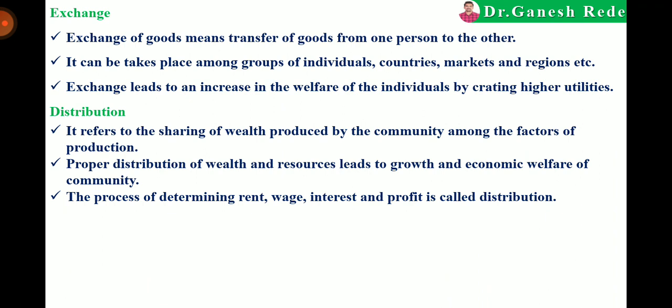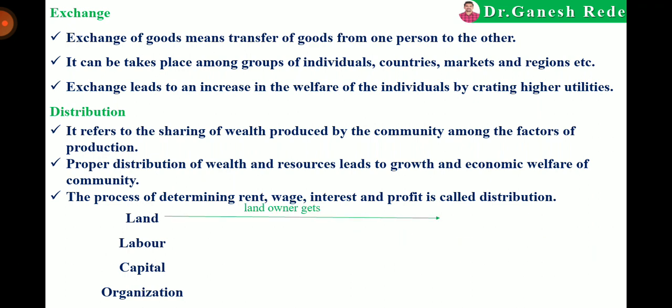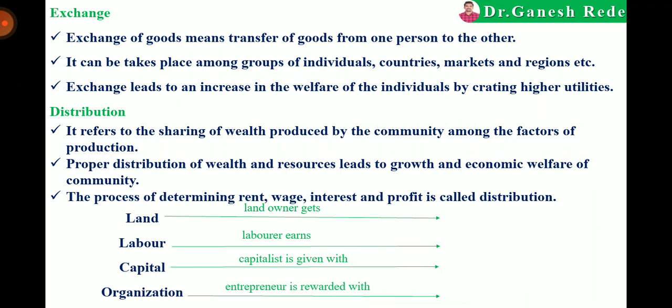Now, the four factors of production are land, labor, capital and organization. If we use land, the landowner gets rent. If we hire labor, we have to pay wages, and if we use someone's capital, we have to pay interest.